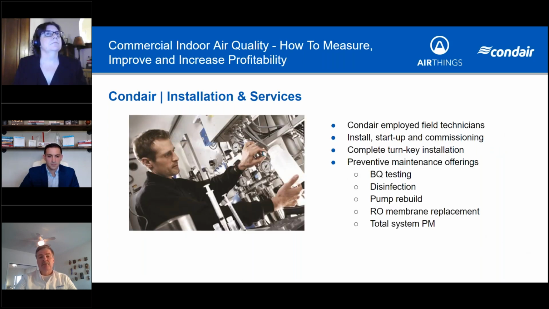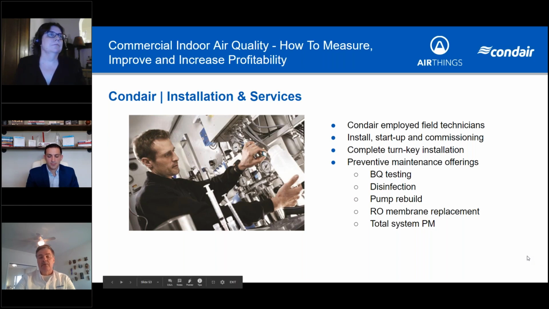And some of the services that Condair provides as part of the equipment is we have factory install technicians. They're not factory trained. They're actually Condair employees that will come out. That's all they do, handle the install, startup, and commissioning of the system. It's almost a turnkey solution. There's a little bit of electrical work that needs to be done, as our techs are not qualified electricians.